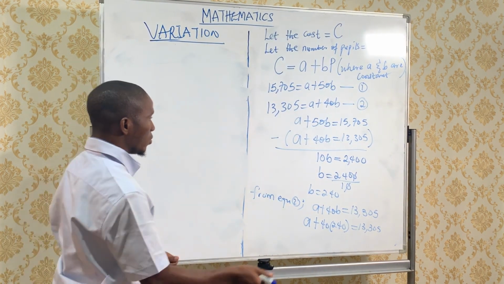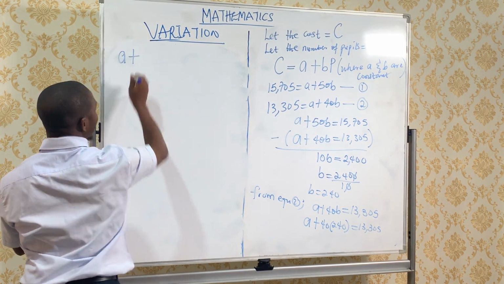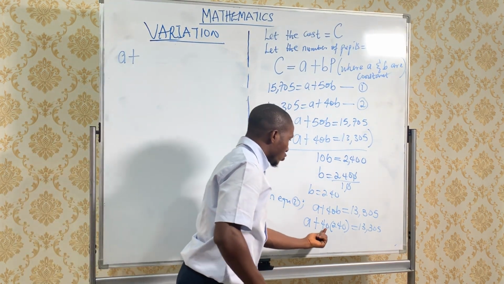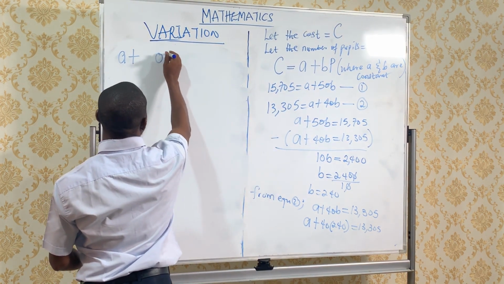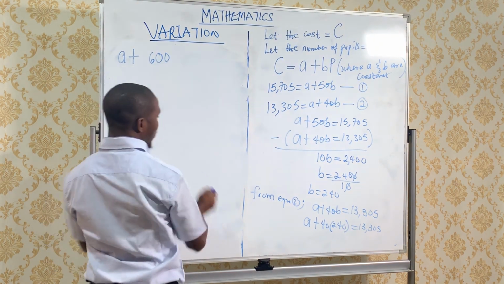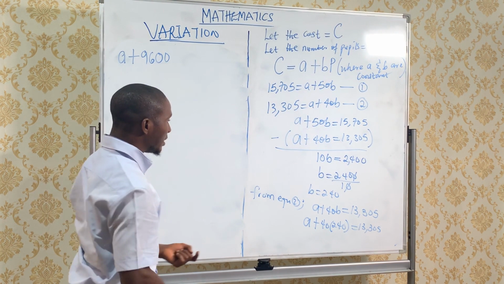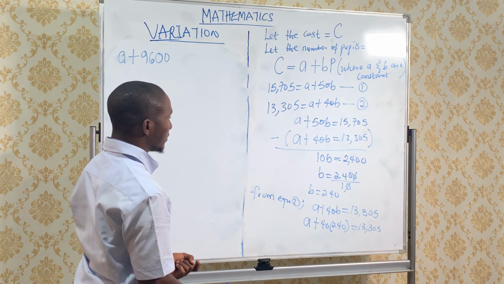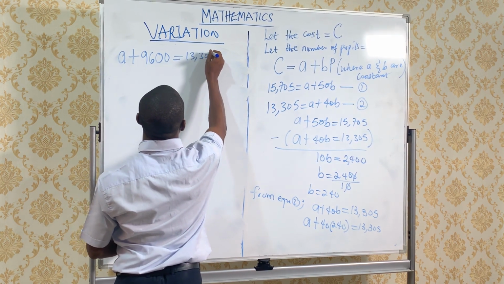Now, we have A plus 40 times 240. I'm going to have 0, 0, 4 times 4 is 16, 4 times 2 is 8 plus 1, 9. That will be 9,600 equals 13,305.